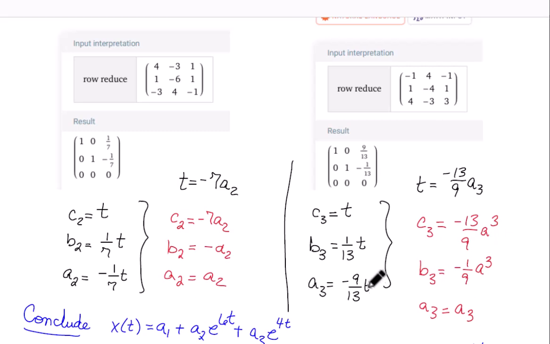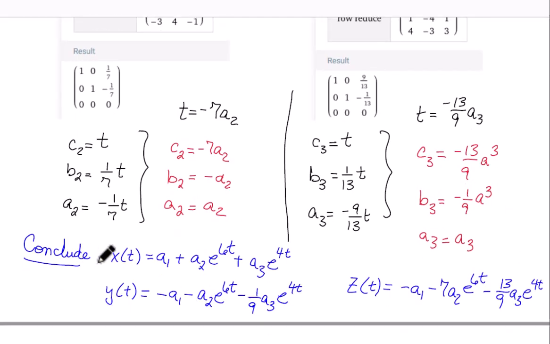Well, I want everything to depend on the A's. So I let T be minus 13/9 A3 because when I plug in that T, I want A3 to be A3. So I then see what C3 is and what B3 is.